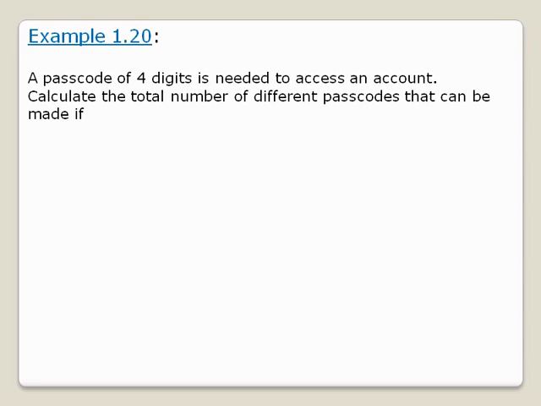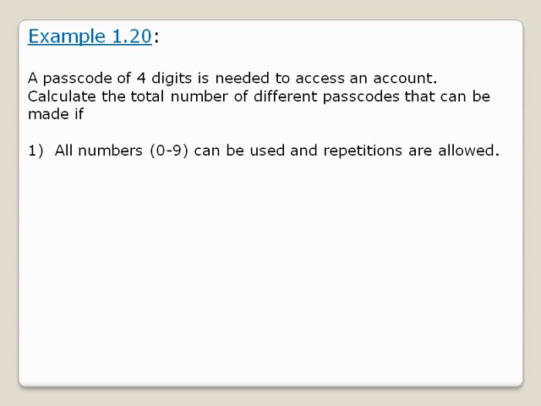Let's look at the last example. A passcode of 4 digits is needed to access an account. Calculate the total number of different passcodes that can be made if all numbers 0 to 9 can be used and repetitions are allowed.